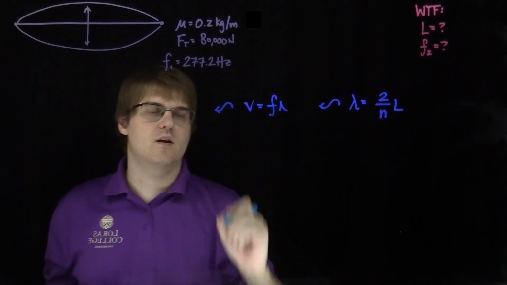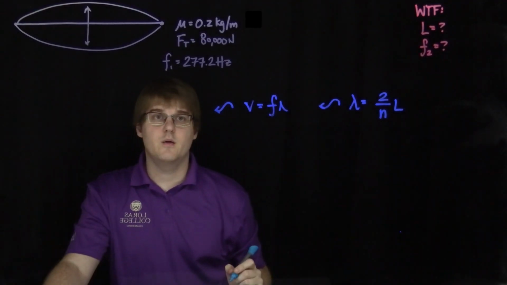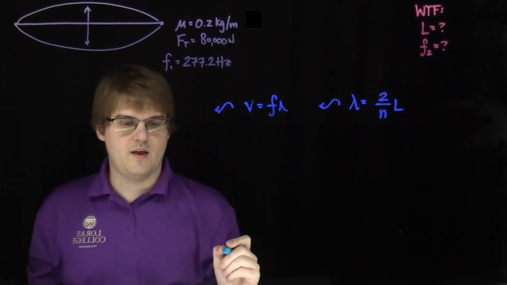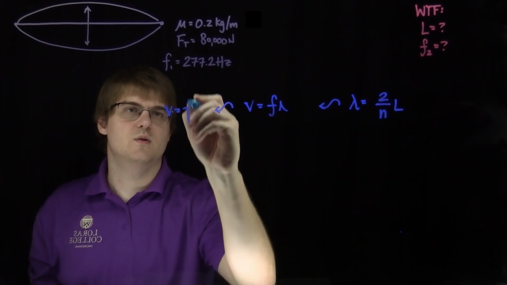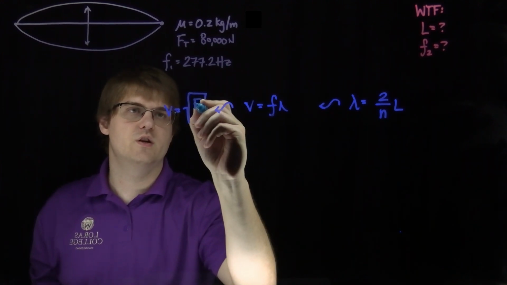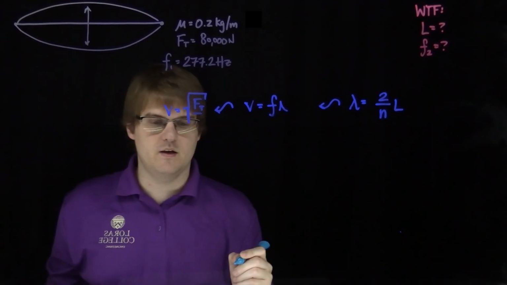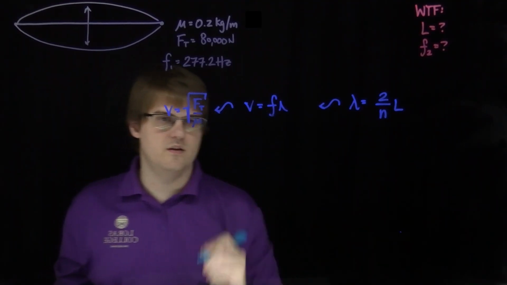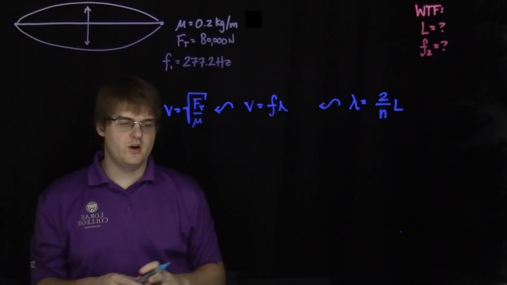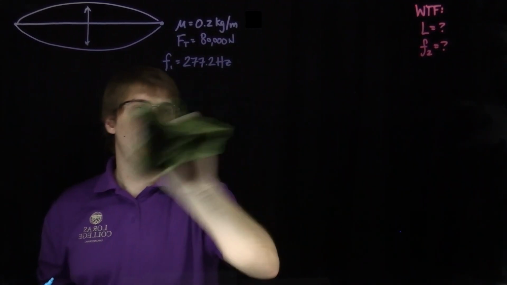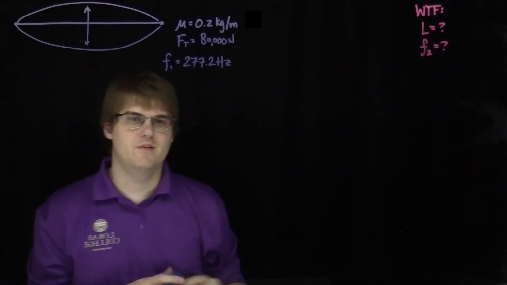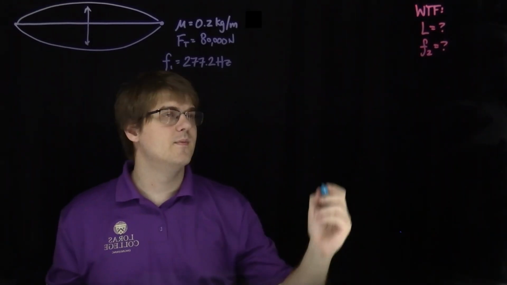And that velocity is going to come from our first day when we were talking about sound, and that is going to be the velocity of sound on a string, which is going to be the square root of our force tension divided by our linear density. So that's the generic strategy for what we're about to do. I don't have space to leave all of that up.